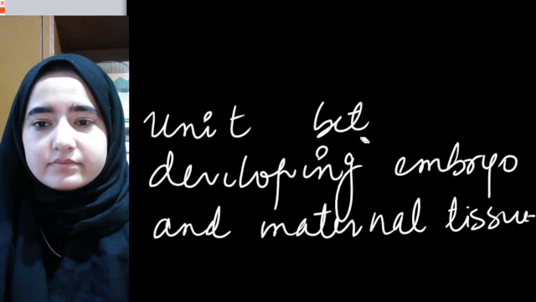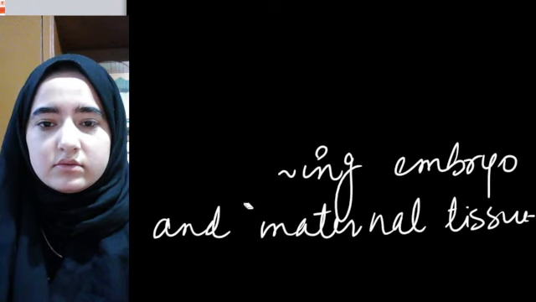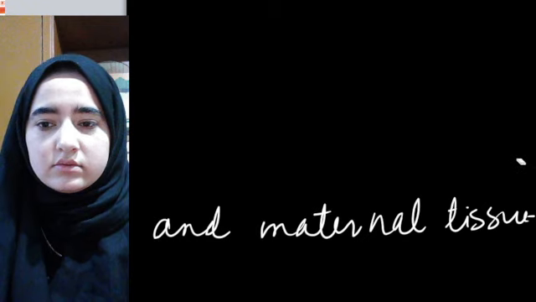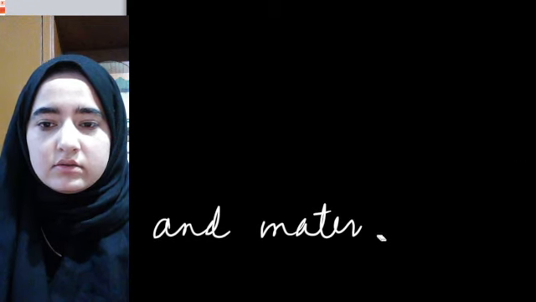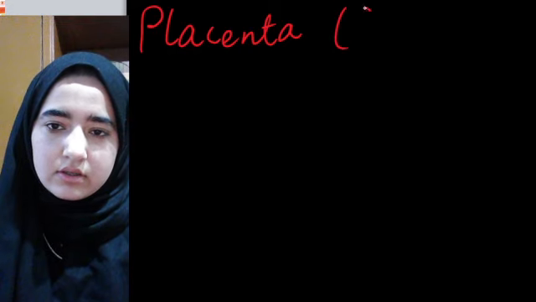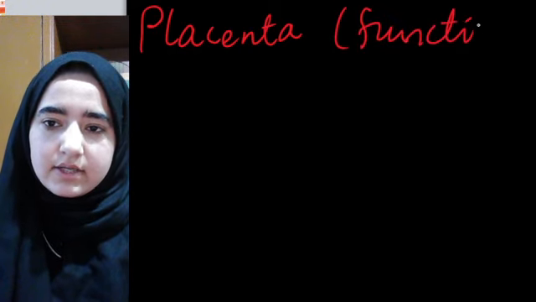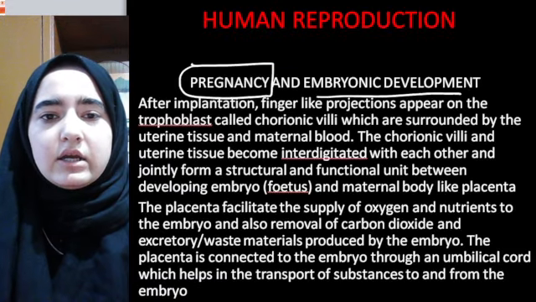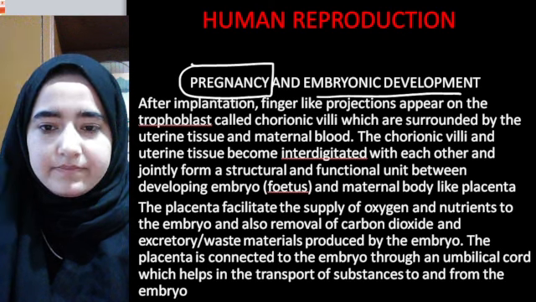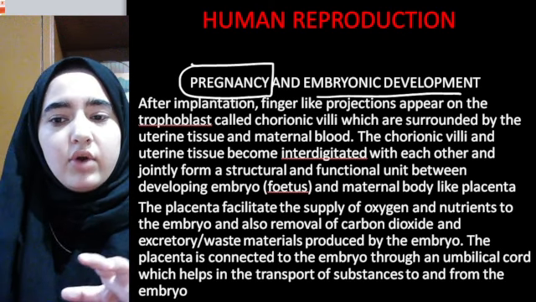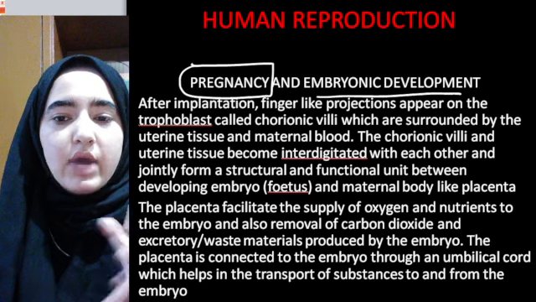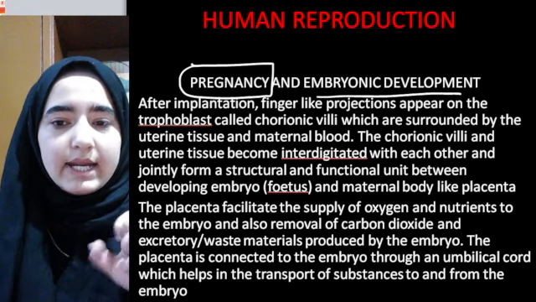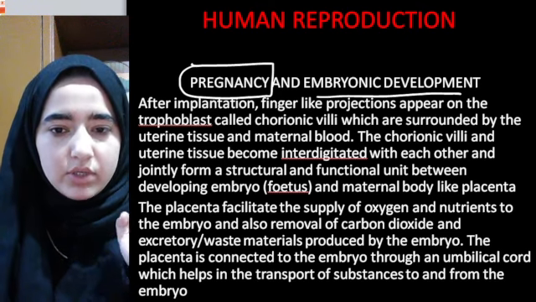What is the function of placenta? Placenta facilitates the supply of oxygen and nutrients to the embryo, and removal of carbon dioxide and excretory material produced by the embryo.